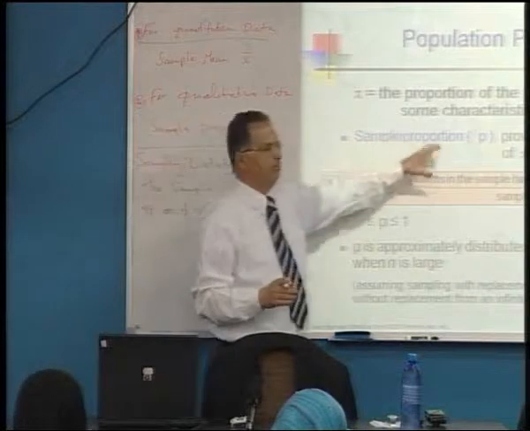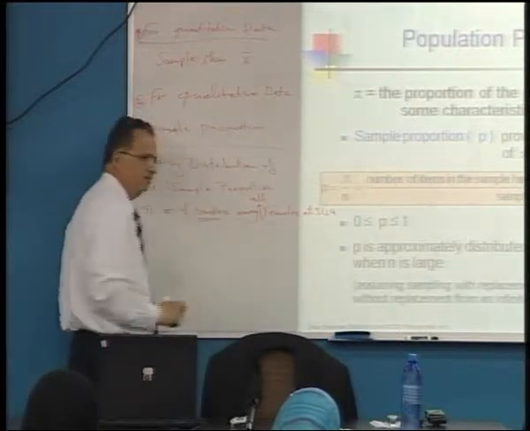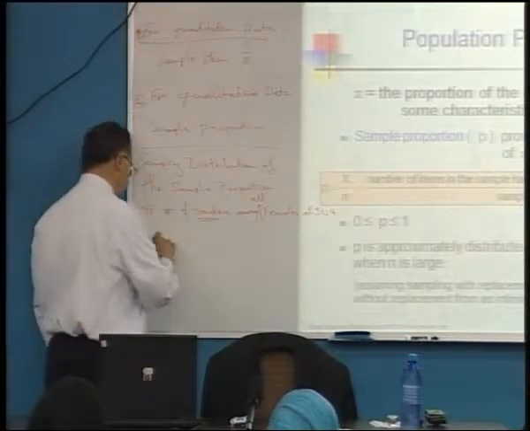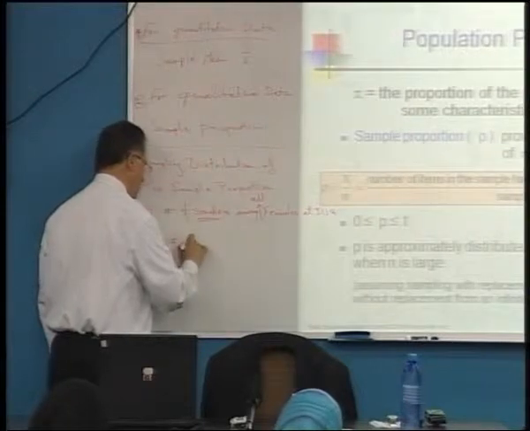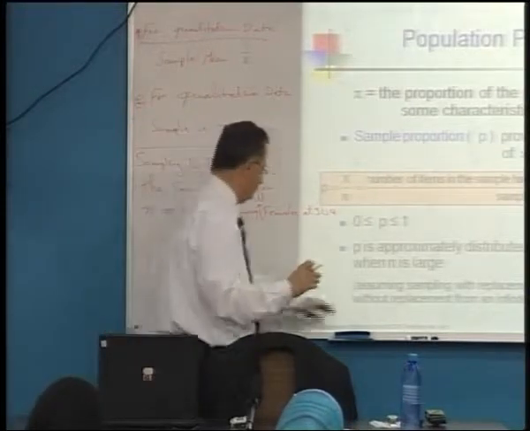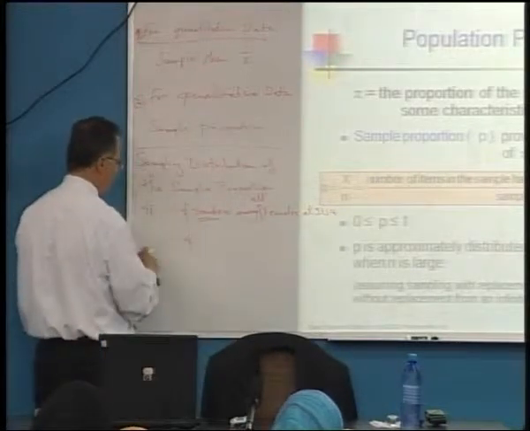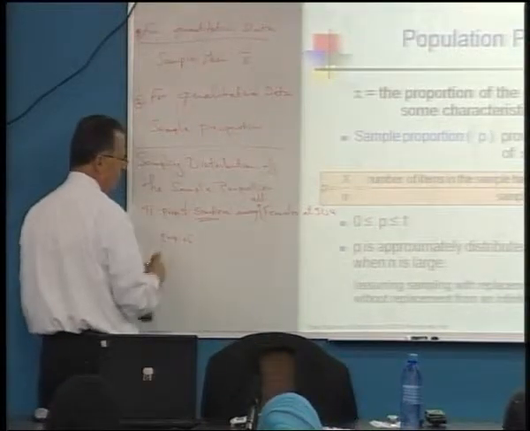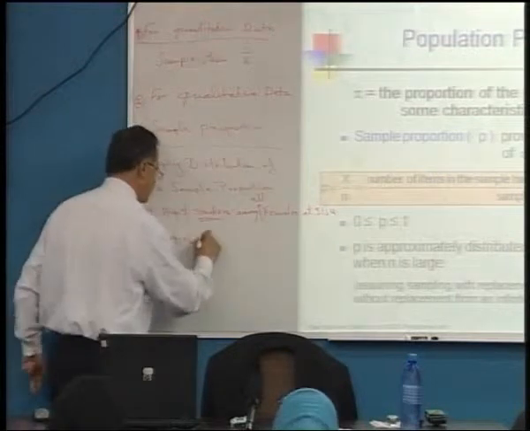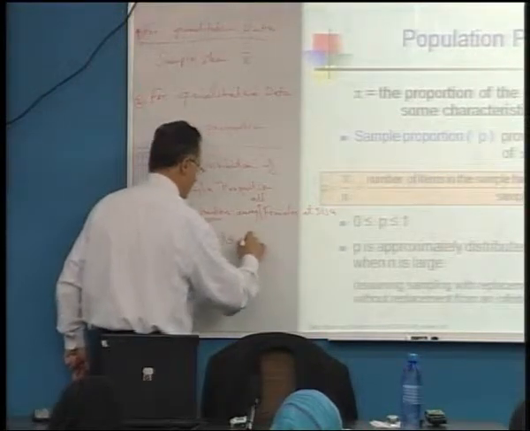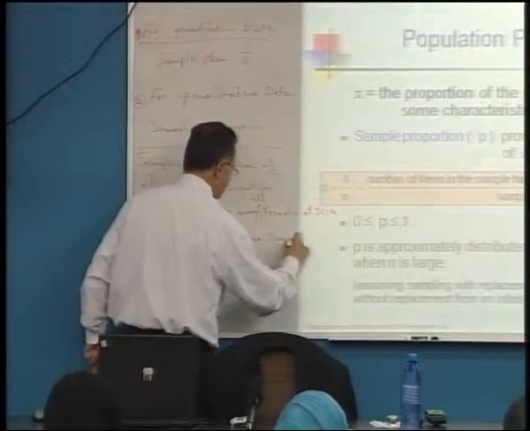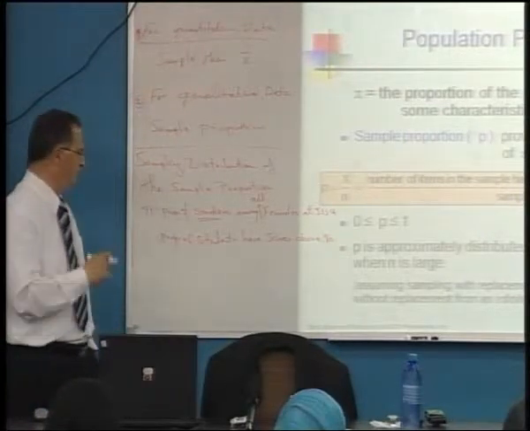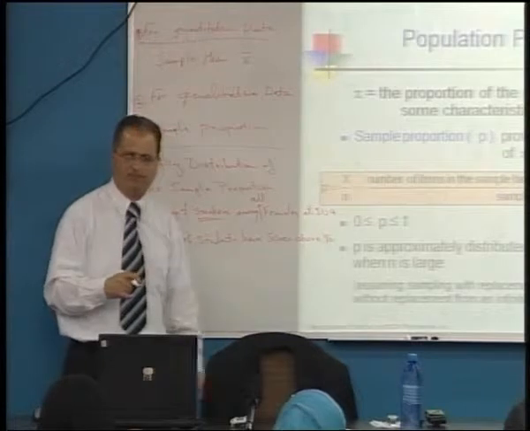Now sample proportion. My characteristic here is smokers. Maybe your characteristic is the proportion of students who have scores above 80. So pi is the proportion of students who have scores above 80, and so on.